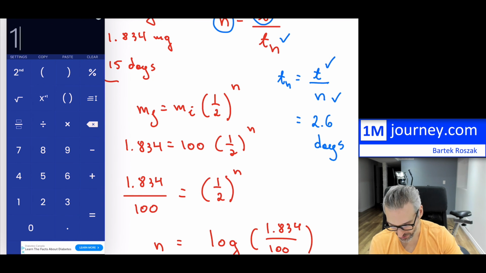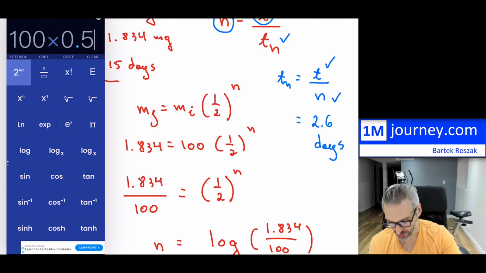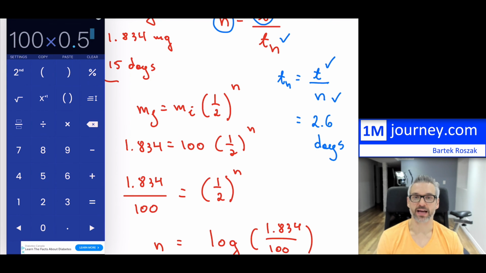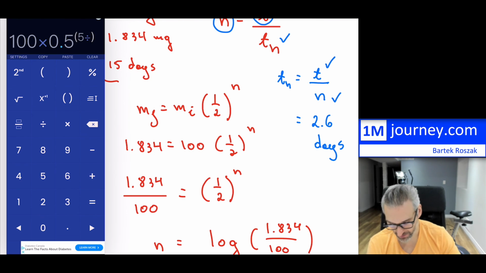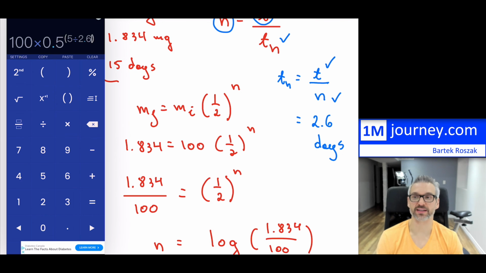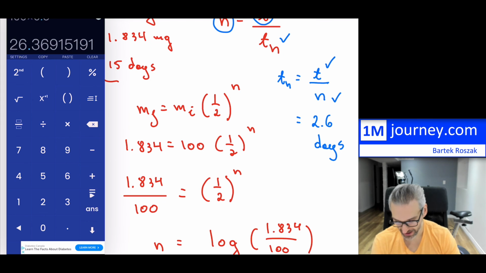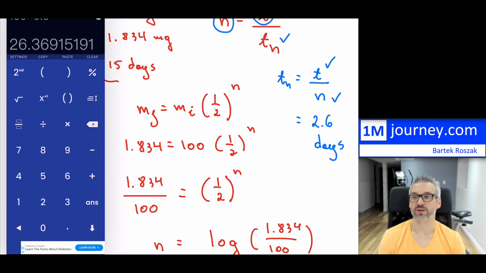We started off with 100 multiplied by 0.5 to the exponent. Now this is 5 days, so I'm going to put that in there, divided by your half-life, which is 2.6. That tells you how many half-lives have passed by. You hit equals, and you'll have about 26.369. Again, you can round to whatever you like.